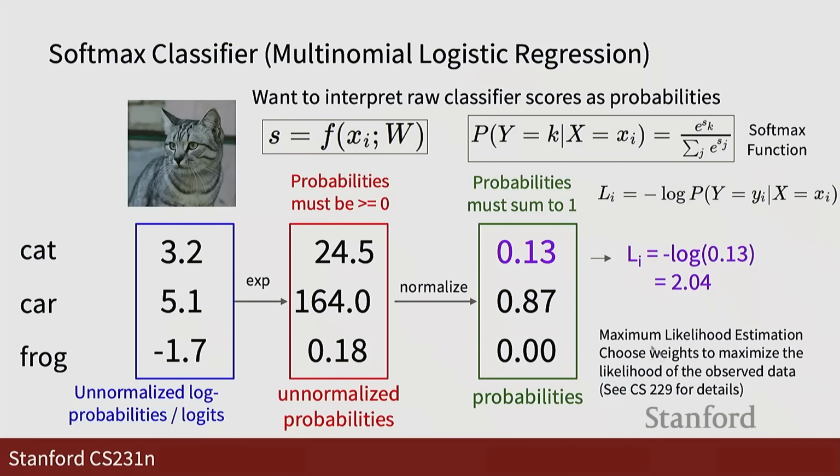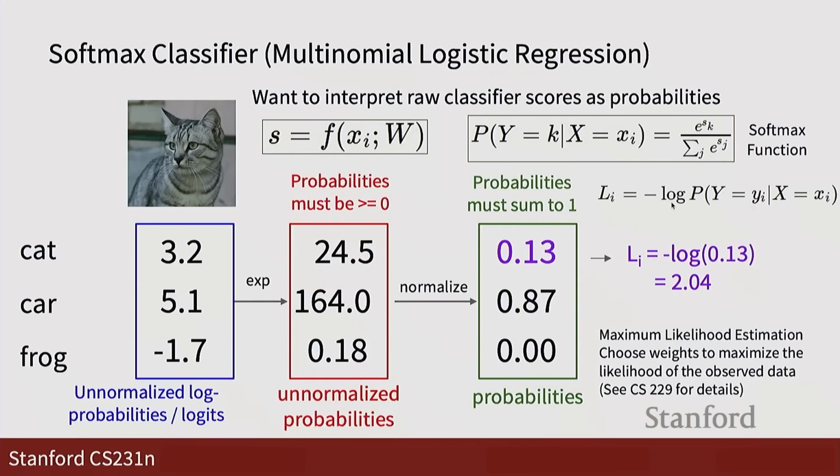And if you've taken, as I said, other classes like CS231N, it's often referred to as maximum likelihood estimation as well. It's the same algorithm. So as we discussed, it's the negative of the log of that probability of the correct class, which defines the objective function, the loss function. And that's basically that simple.